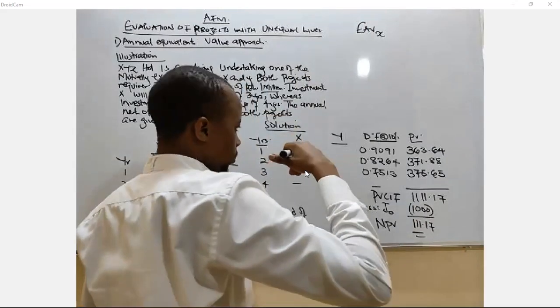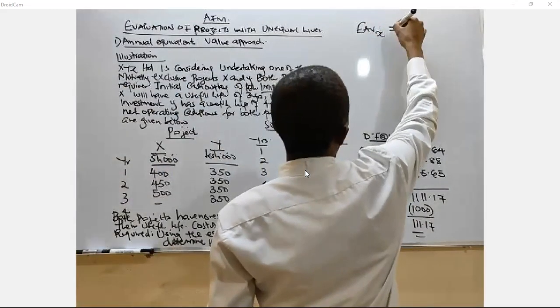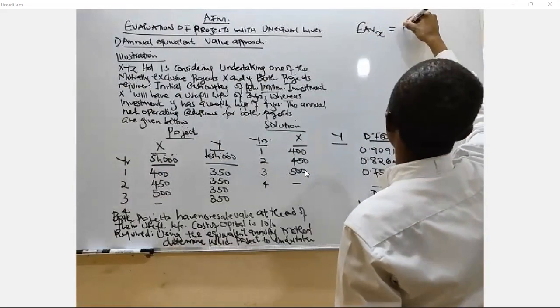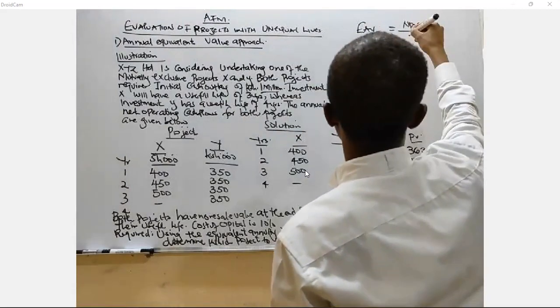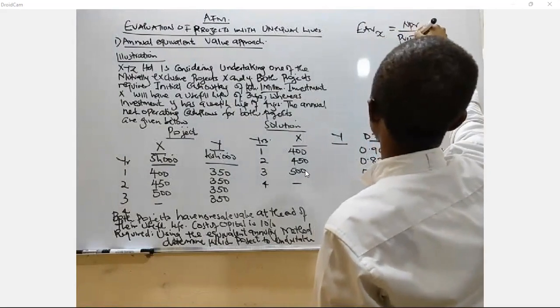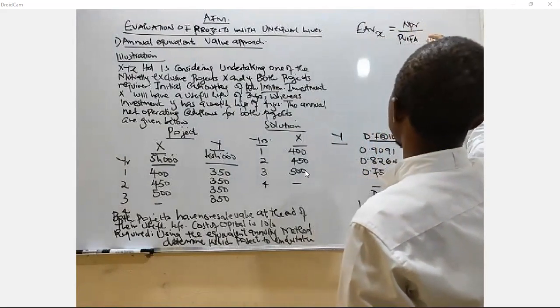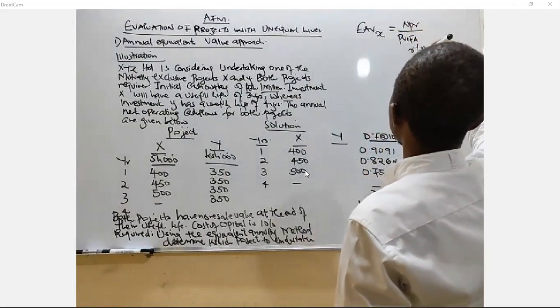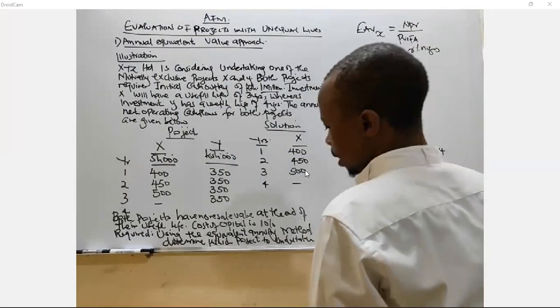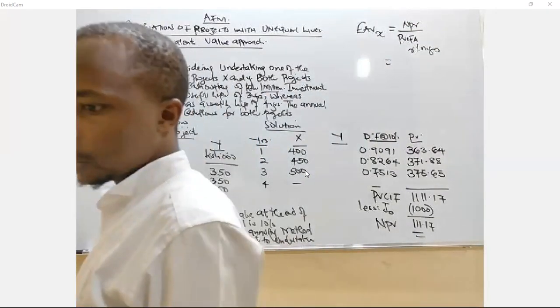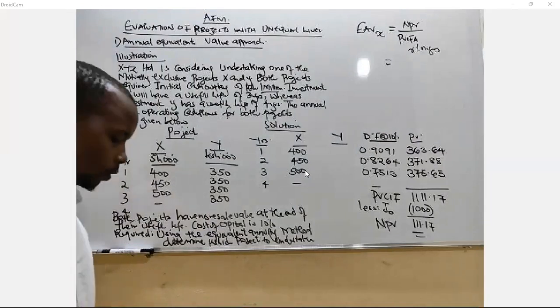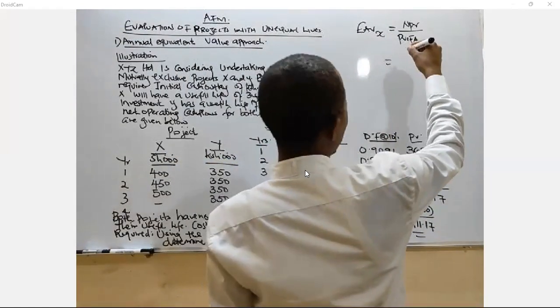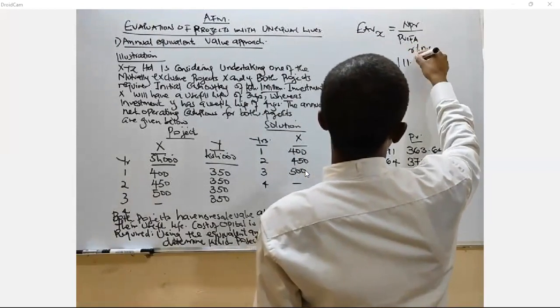Equivalent annual value for X, we have said we normally take the NPV of the project. You divide it by what? We have said we normally divide it by the present value interest factor annuity, R% N years, right? So the NPV of the project is 111.17.